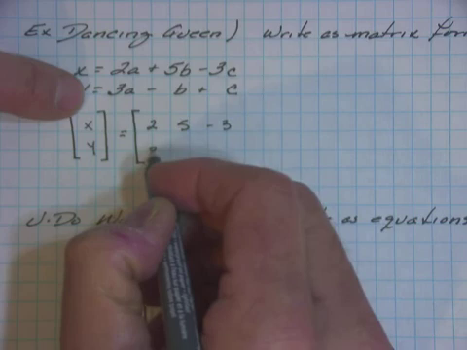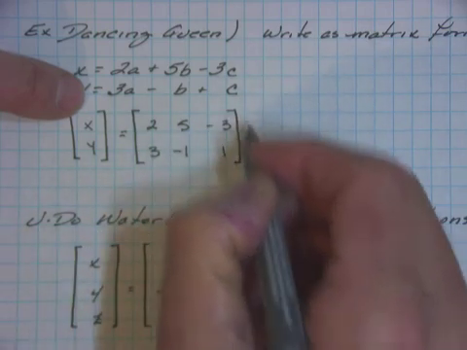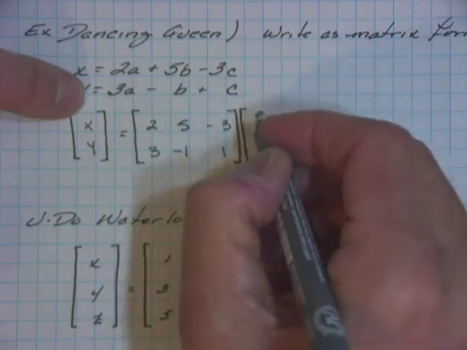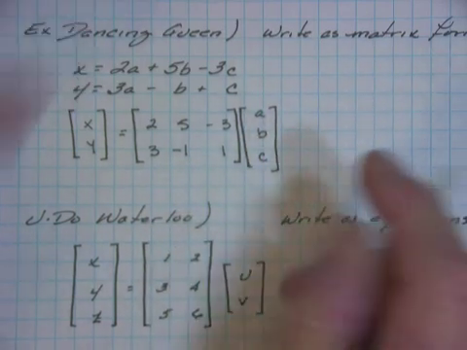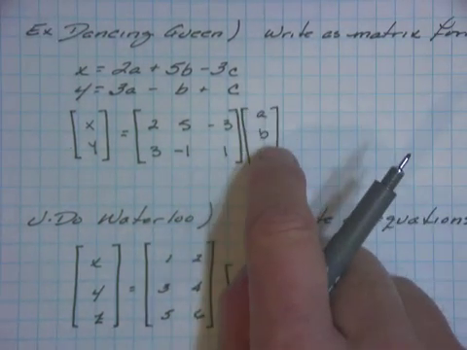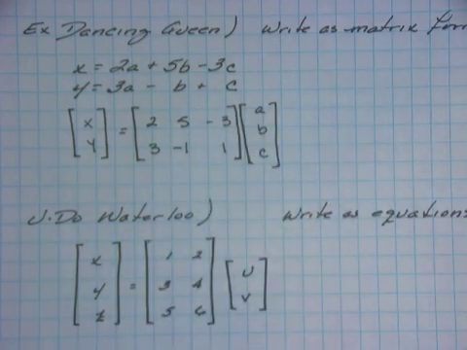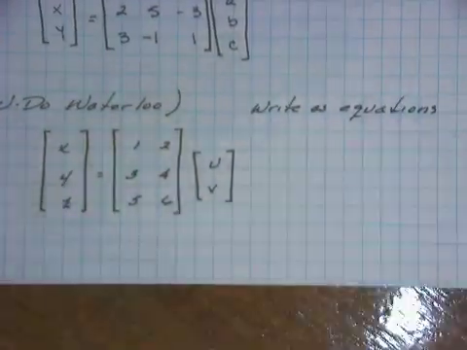Grab the coefficients, 2, 5, -3, 3, -1, and 1. And then you drop down the variables, a, b, and c. Notice that the variables go into a single column. I forgot to mention that. Variables go into a single column.